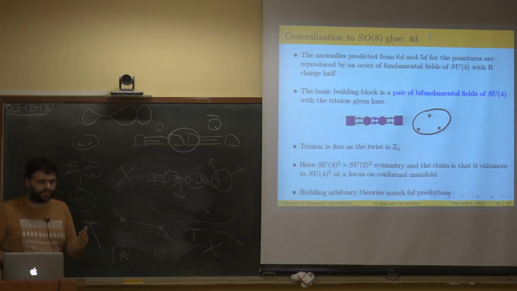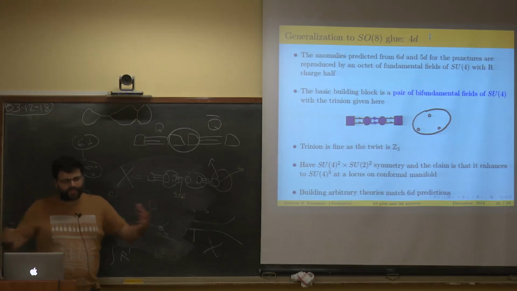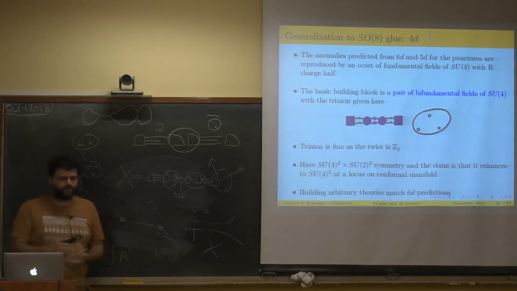And the anomalies are the same. Typically, when two theories have all anomalies matching, they are probably the same. There is no proof of it, and I'm sure you can come up with counterexamples, but it's a strong sign that these two theories reside on the same conformal manifold at least. So this is the evidence we have.